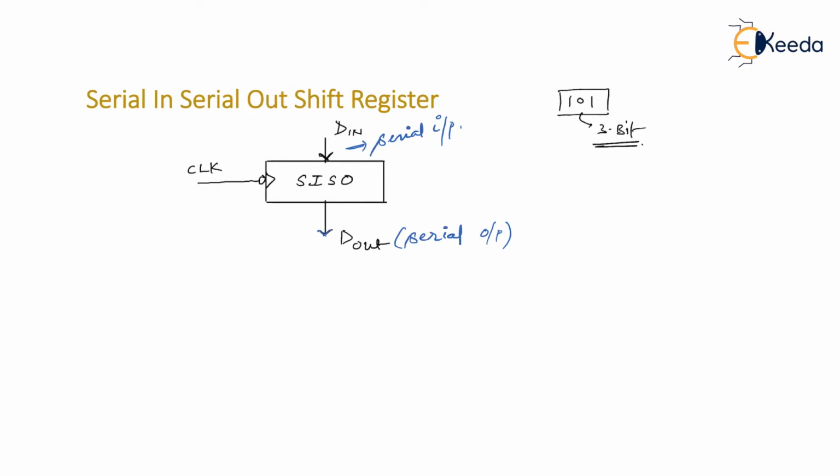For example, if it is a 3-bit shift register, roughly I can draw it. A 3-bit shift register means there are 3 flip-flops, all of them D flip-flops. I'm drawing 3 flip-flops over here.